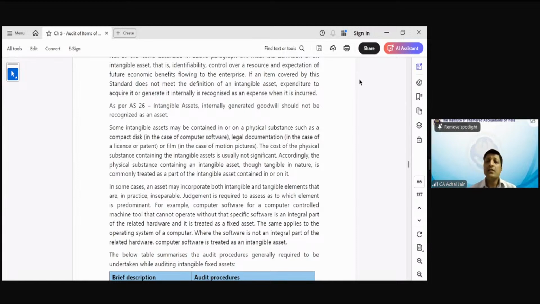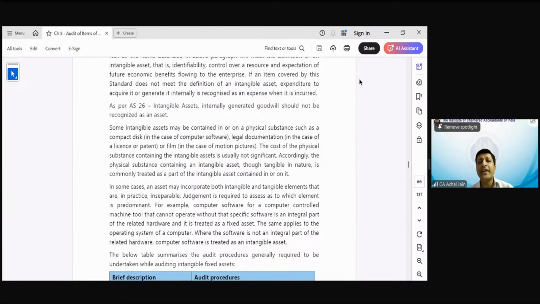As regards subsequent measurement, they may be measured at cost or revalued amount, exactly similar to what we have in case of PPE. And here again, there will be one component through which its value will go down. What is that? Exactly similar to PPE, there is one way of reducing the value of an intangible asset.